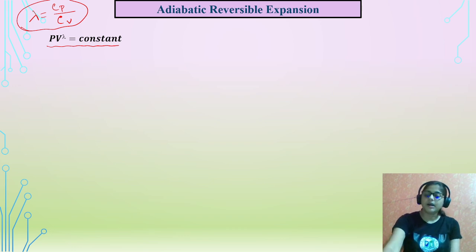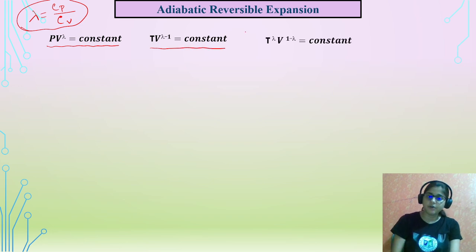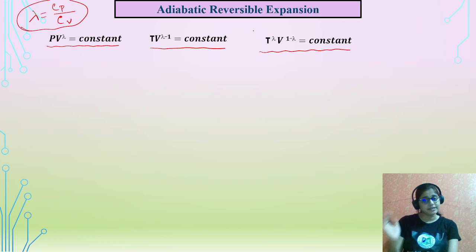So PV to the power gamma equal to constant, or we can write TV to the power gamma minus 1 is constant. This is the second form of the equation, and this is the third form, where T to the power gamma and P to the power 1 minus gamma equal to constant. So here we can write P1 V1 to the power gamma equal to P2 V2 to the power gamma.